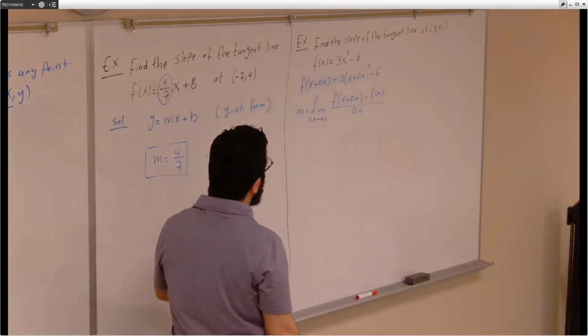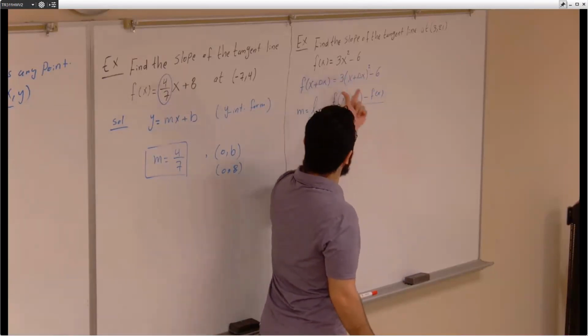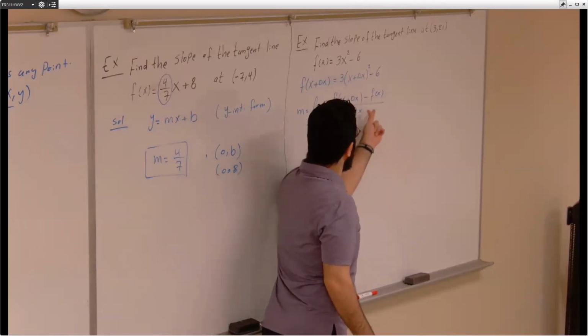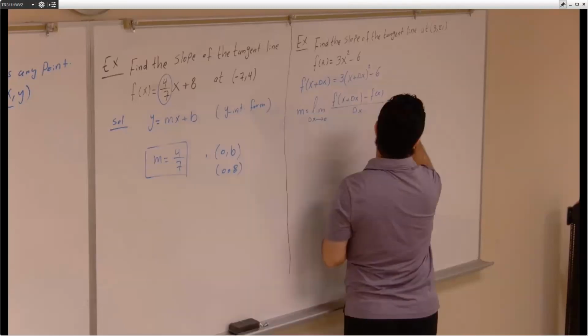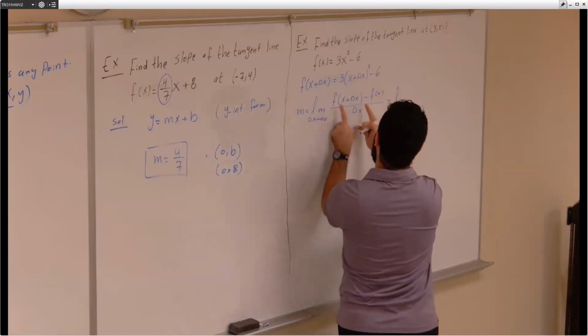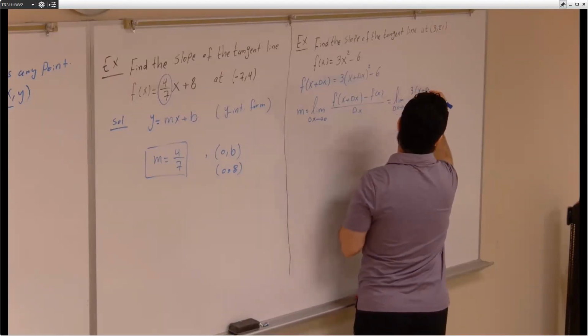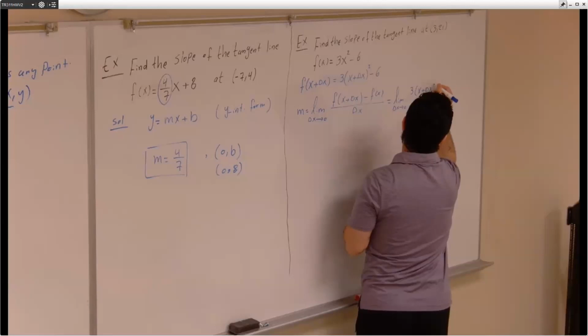Now I'm going to plug in. This one is going to be here. f of x is going to be here, divided by delta x. So this is going to be equal to the limit as delta x approaches 0. f of x plus delta x is going to be 3 times (x plus delta x) squared minus 6.